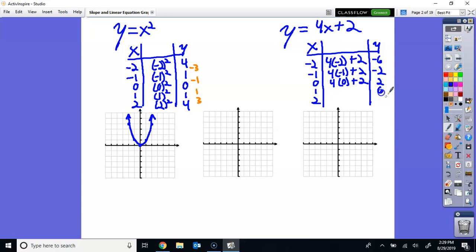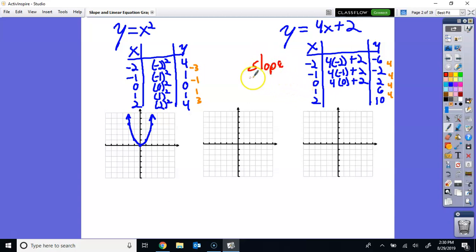The next one's going to be 6, the next one's going to be 10, and I can get those really quickly because every single one of these is going up by 4, up by 4, up by 4, up by 4. And the reason I know that is because it goes to the thing that really, truly makes something linear, something called the slope.